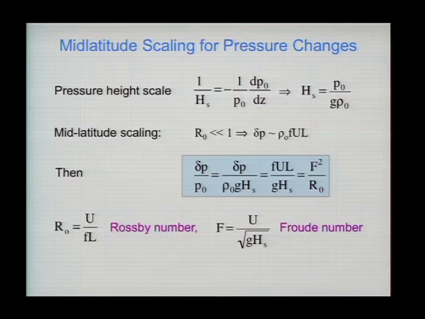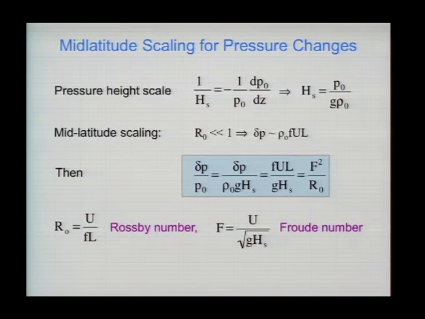Now, the Froude number is defined as U divided by the square root of g times H. The Froude number for the atmosphere is a bit like the Mach number in compressible flow.